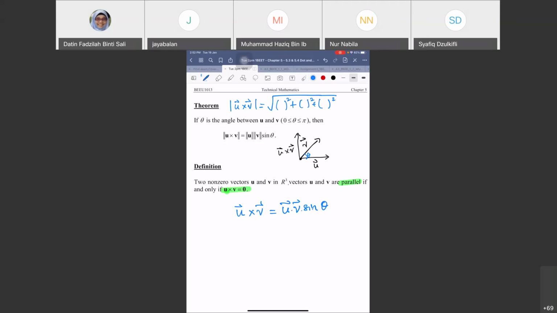When theta equals 0, u cross v equals 0.